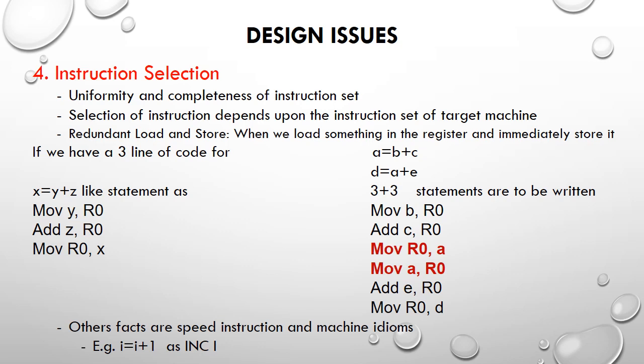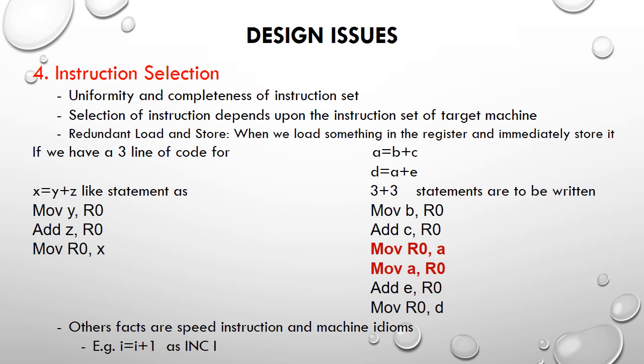So b plus c has been performed, and then finally transferring this b plus c value to a. So move r0 a. After this we have d equals a plus e. So a will be transferred to the r0 register, e will be added to the content of r0, and then finally this value a plus e will be transferred back to d. So we have 6 statements.